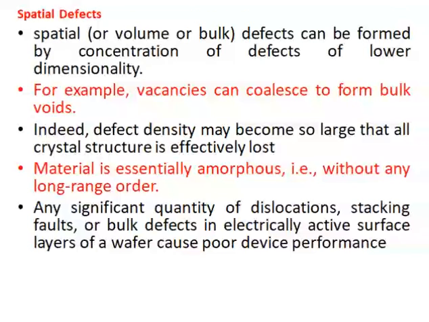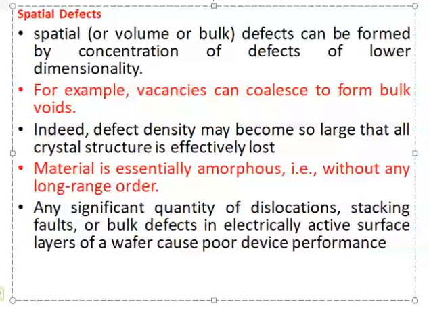That is, wherever you have repetition of point defects, line defects, or plane defects, you can come to the creation of what we call a spatial or volume defect. For example, whenever you have so many vacancies which are coalesced, meaning they are next to one another, they can form what we call a bulk void. And these bulk voids can be categorized as a type of what? A spatial defect or volume defect.